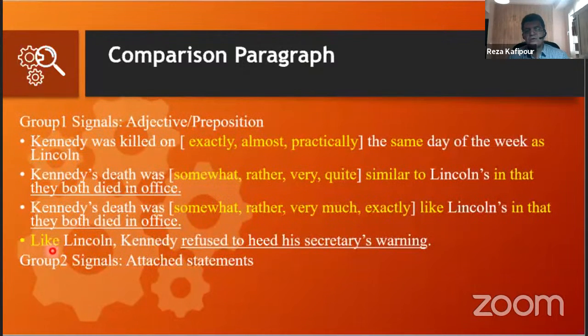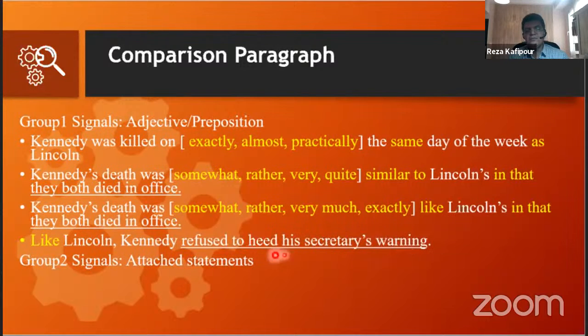So we use like plus one of the two things, persons, ideas or concepts that we are comparing. And the first part, actually it is not a sentence, it is a kind of phrase, like Lincoln. But the second part will be an independent clause: Kennedy refused to heed his secretary's warning.